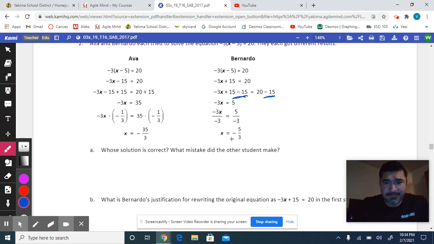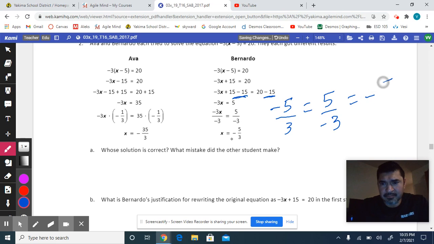So for example, all three of these are the same. This is the same as this one, this is the same as this, and this is the same here. It's supposed to look like this, where the negative is on the side instead of with the 5.